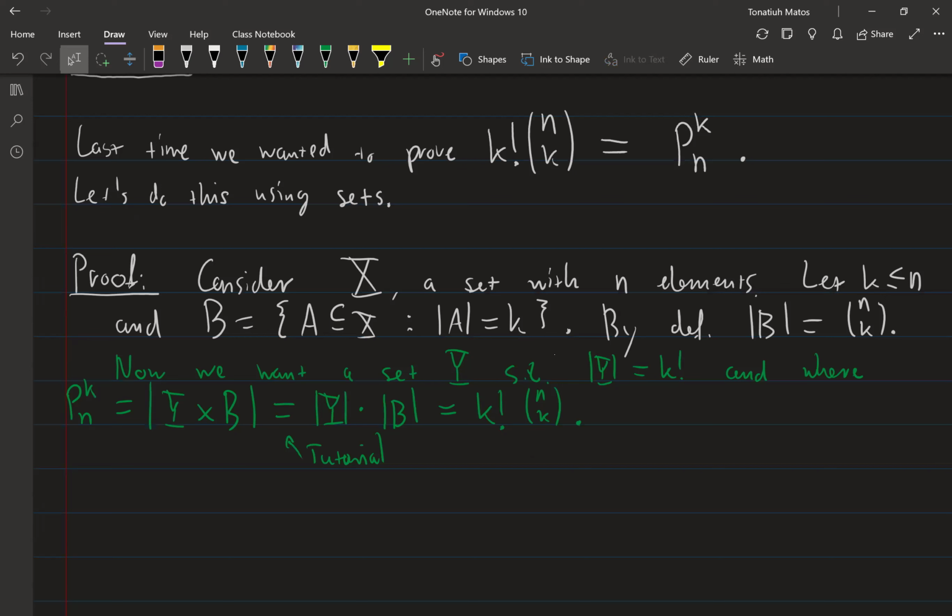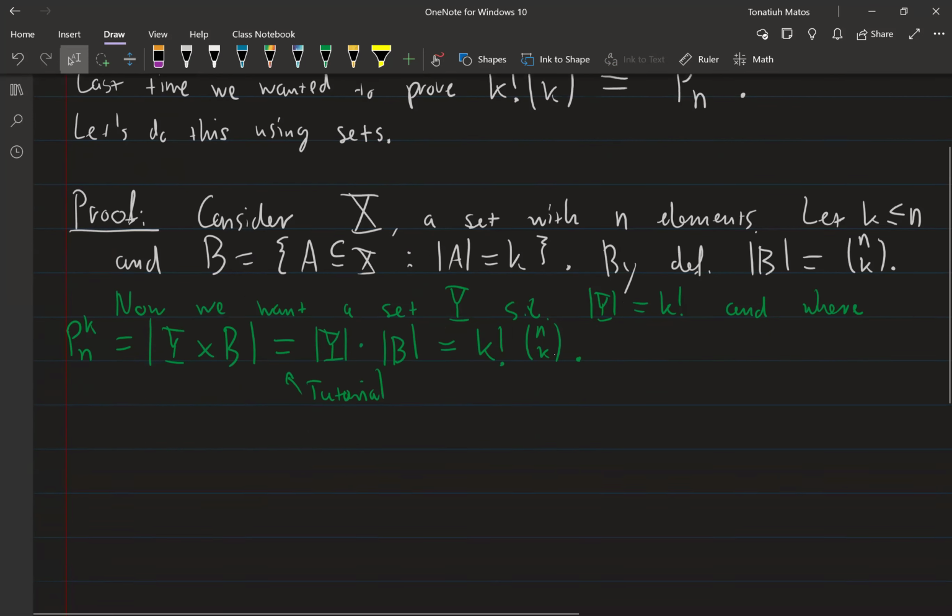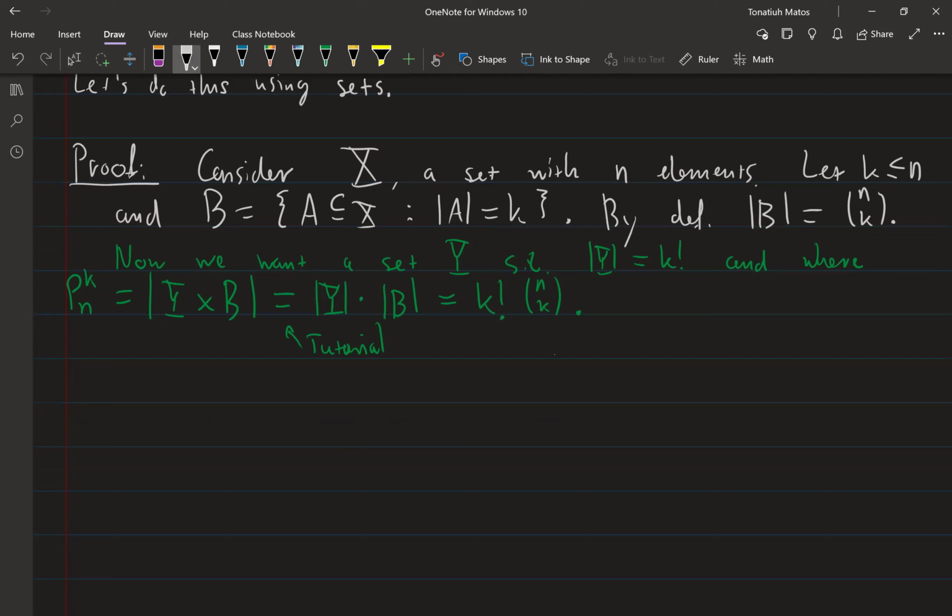How do we make sense of this? Any ideas?